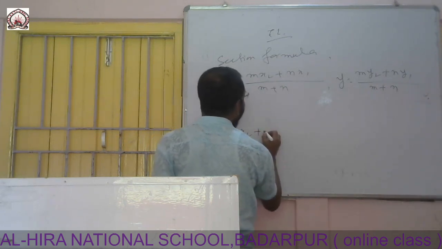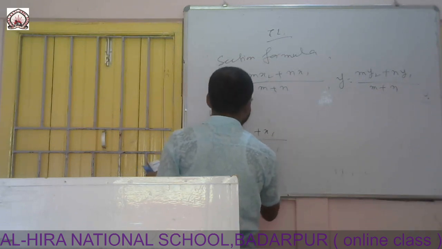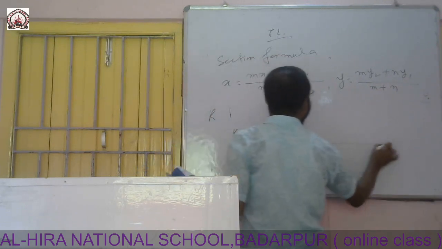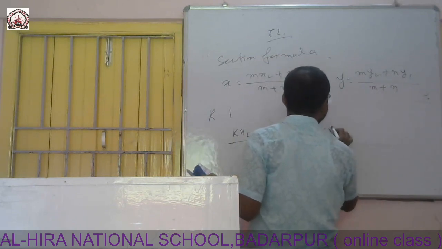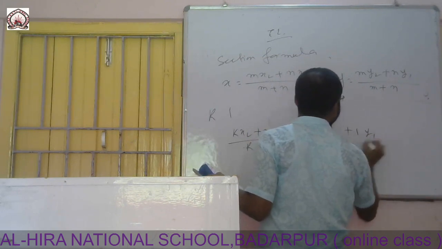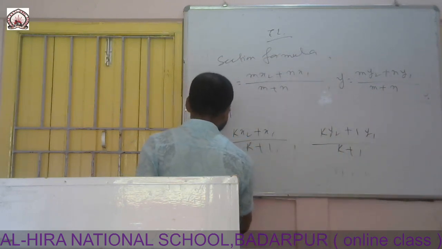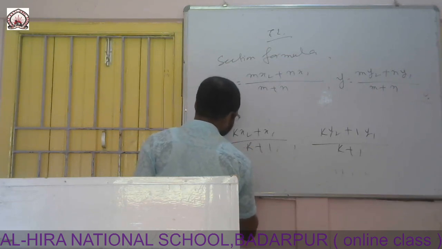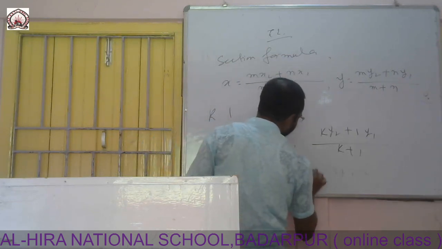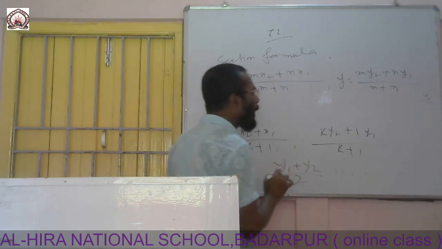So x is (k x2 plus x1) by (k plus 1), and y is (k y2 plus 1 into y1) by (k plus 1). Another is the midpoint formula, which is (x1 plus x2) by 2 and (y1 plus y2) by 2.